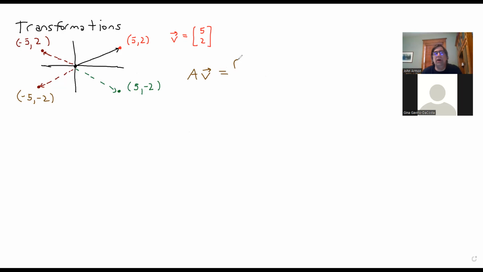So what matrix could we use to produce that vector? What matrix could we use to produce this vector? What matrix could we use to produce this vector? Now the answer is going to be a 2 by 1. This is 2 by 1. So the original matrix has to have 2 columns.